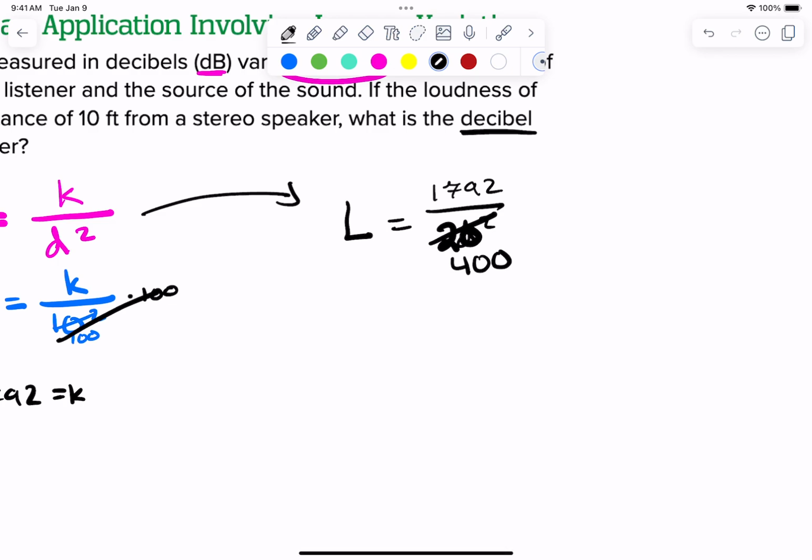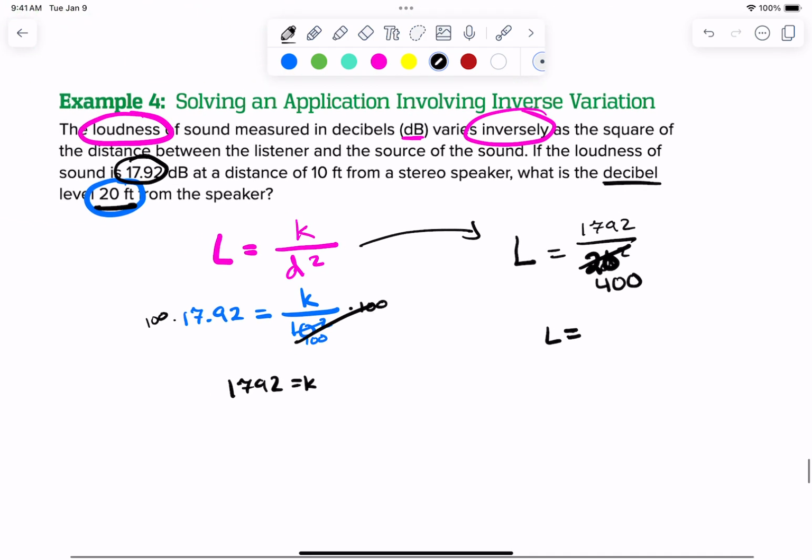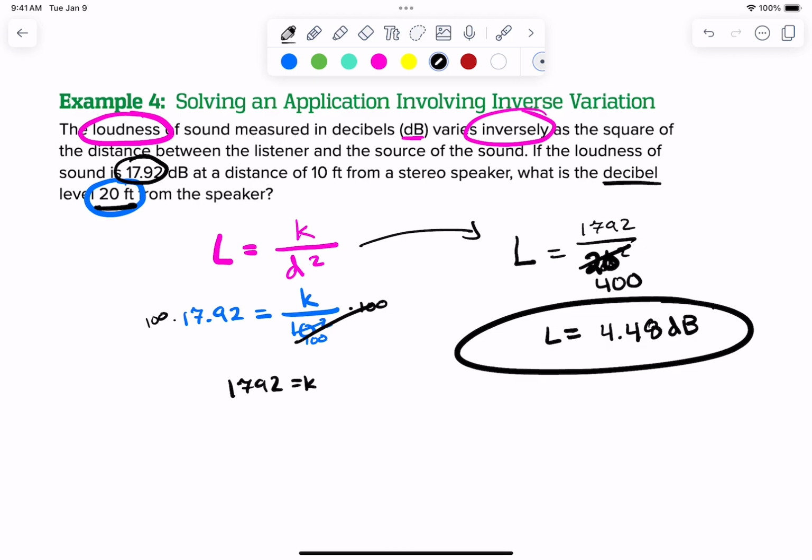Take 1792 divided by 400. What do you get? 4.48. Is that true? Well, you're farther away. I said it should be louder, but it shouldn't be louder because you're further away. I'm sorry. Yes, so 4.48 dB. That makes sense.